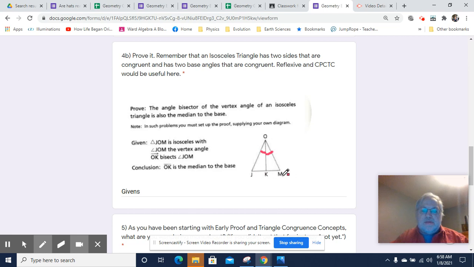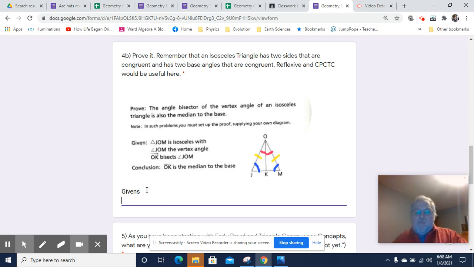So we're trying to establish this is the base, of course. So these angles are congruent. If it's an isosceles triangle, we can also establish that this side and this side are congruent. And then we can establish that also these angles are congruent. Those are all things that we get out of it being an isosceles triangle.